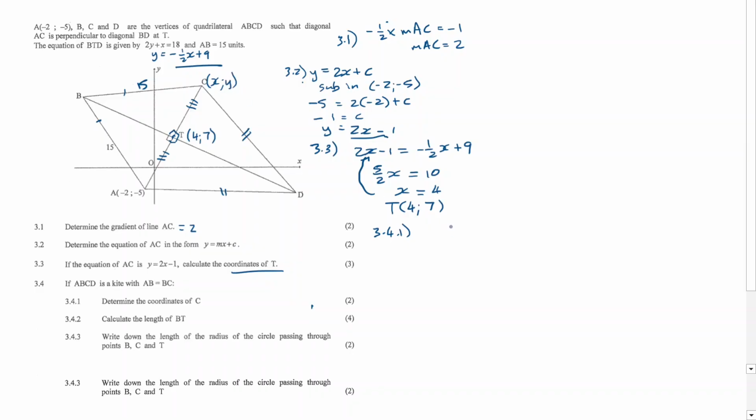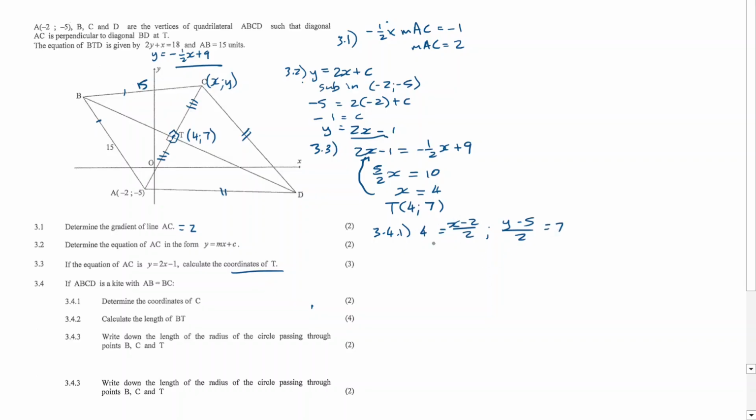It will be the x value at the one point plus the x value at the other point over 2, and the y value at the one point plus the y value at the other point over 2 should give me my midpoint. But in this case, I know my midpoint. The x is 4 and the y is 7.